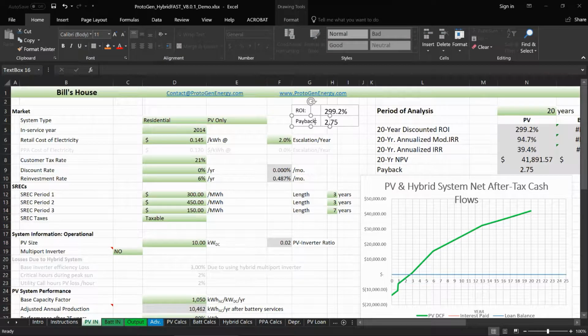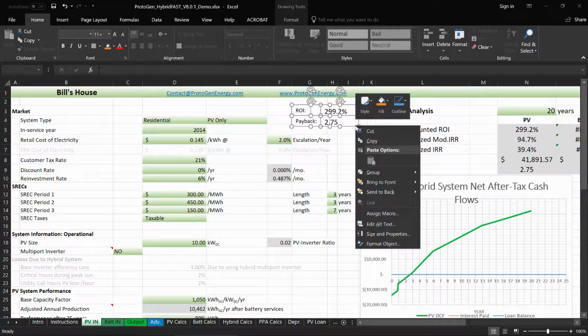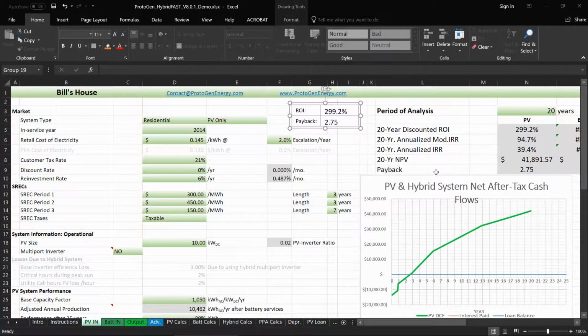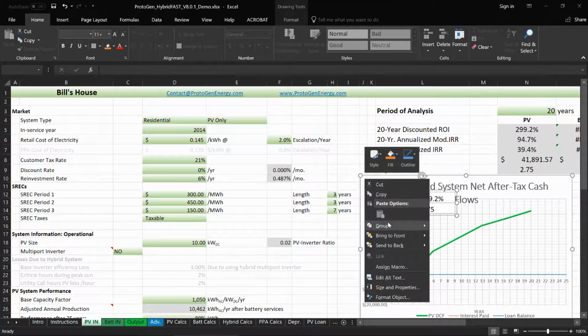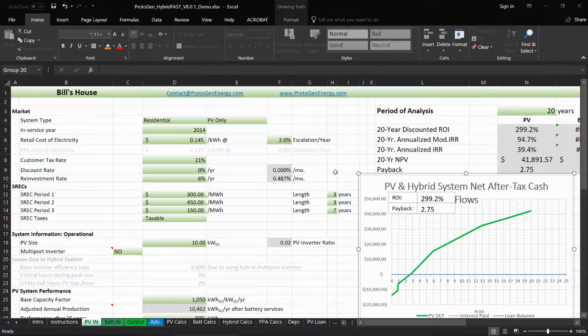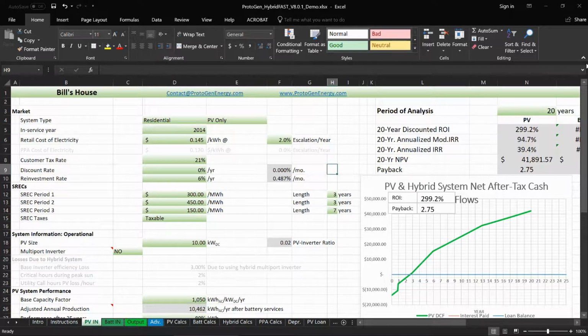If I click on them all, I'm missing, click that one, grab that one, grab that one, grab that one, we will group them. Then we will bring them onto this chart. Then we will group the chart. Now that'll come with us, and we can get rid of the ribbon.